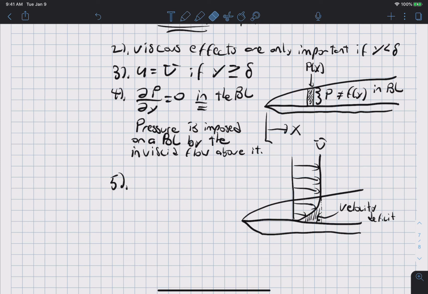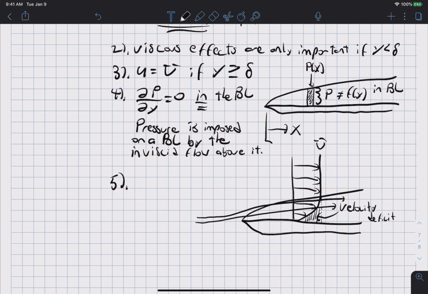Okay, and due to this velocity deficit, the streamlines are pushed up a little bit. The streamlines are very gentle, and they are pushed up just a tiny bit.